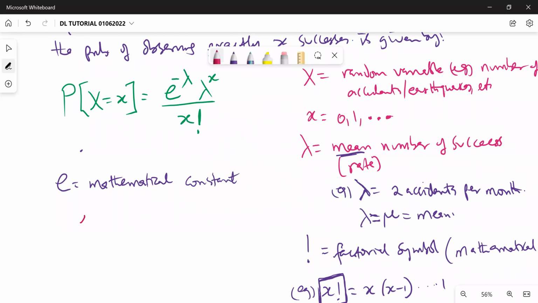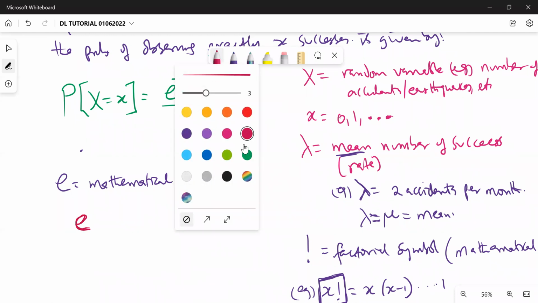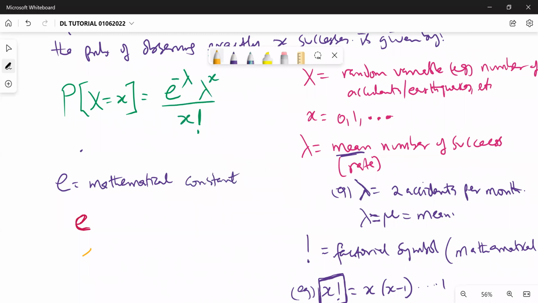One E is of maybe this color, and there's another E which is approximately of this color. The one that is of this particular color here has either a box here or X. It looks like that. That is the E we're talking about.